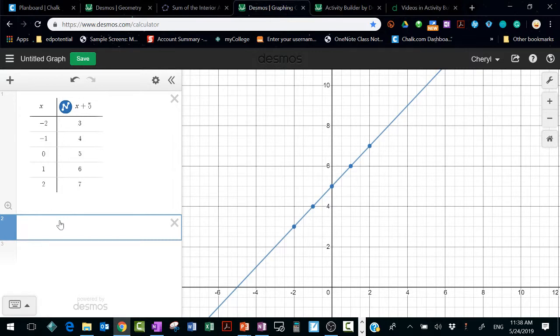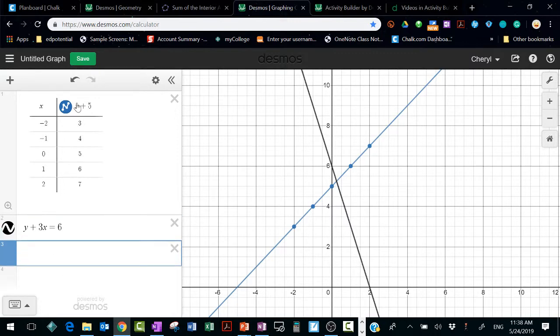So if I do y plus 3x is equal to 6, and I want to turn off the other graph so I don't see it, I can just unclick that circle there, so that other graph, y equals x plus 5, goes away.